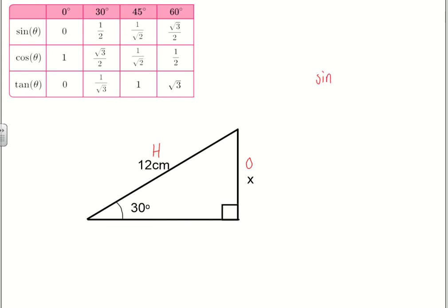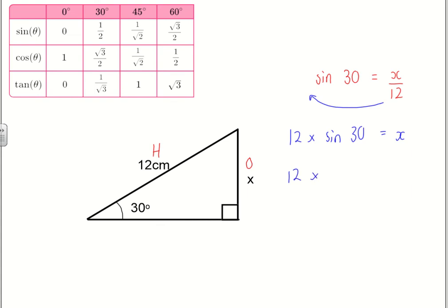So if I start by saying that sine 30 equals o over h, so x over 12, I need to times by 12 to leave x on its own. So 12 times sine 30, now this is where you need to use your exact value. Looking at your table, the sine of 30 is a half.